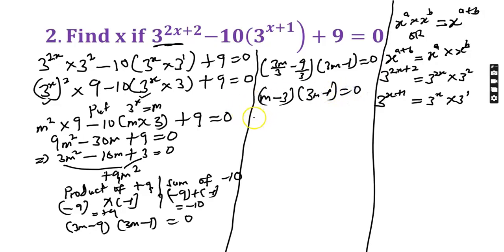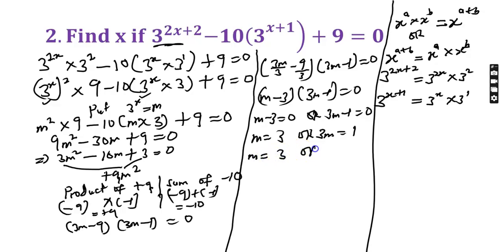So by the time you solve that, you have m minus 3 equals to 0, or 3m minus 1 equals to 0. So m equals to, if this moves to the other side, I have 3, or 3m is equal to 1. So m equals to 3, or m equals to 1 over 3.